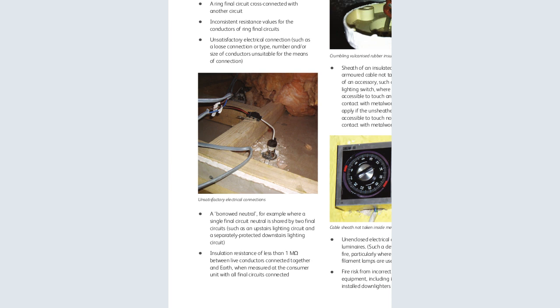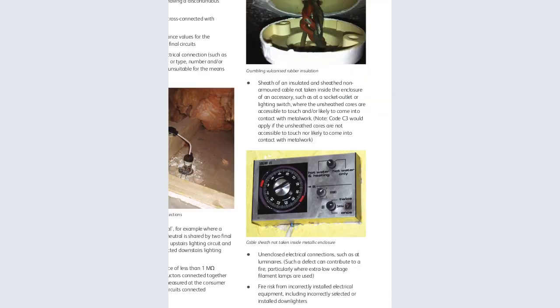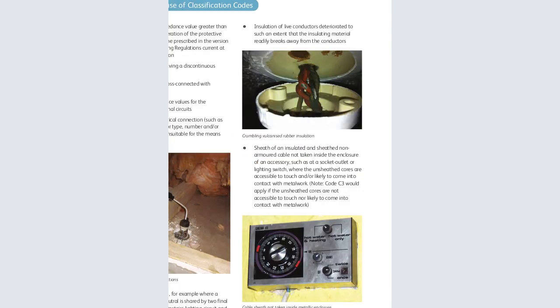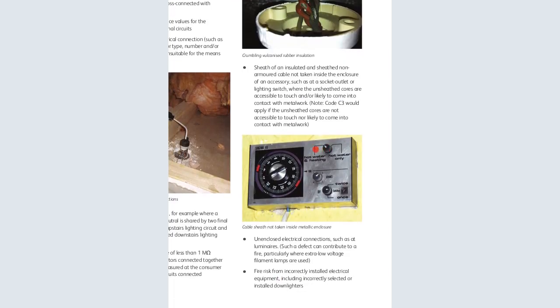Then, installation resistance of less than 1 megohm between the live conductors connected together and earth, when measured at the consumer unit with all final circuits connected. Then, insulation of live conductors deteriorated to such an extent that the insulation material readily breaks away from the conductors. Another one is scrambling of that insulation.